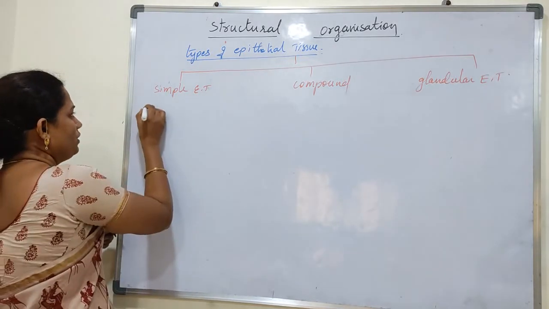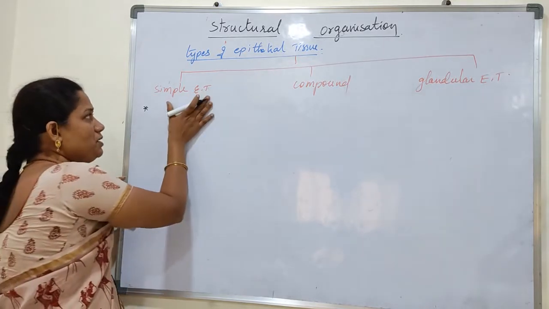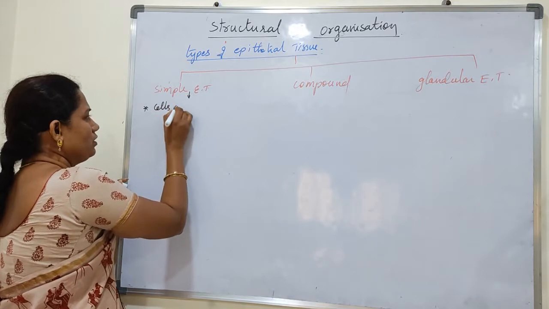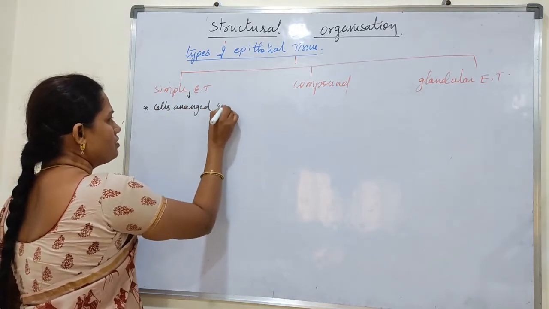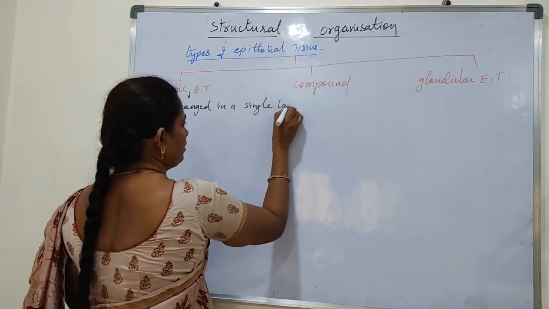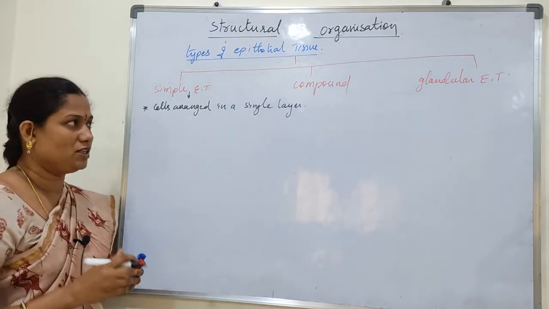So first we are going to learn about simple epithelial tissue. Simple epithelial tissue means the cells are arranged in a single layer. That's why these are called simple epithelial tissue.